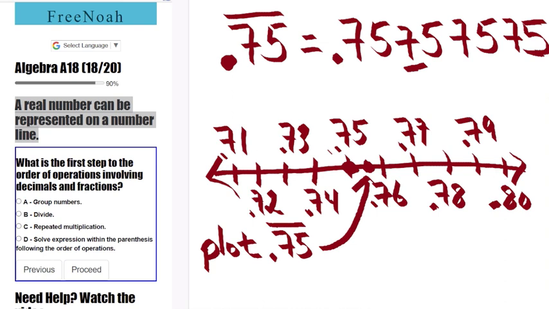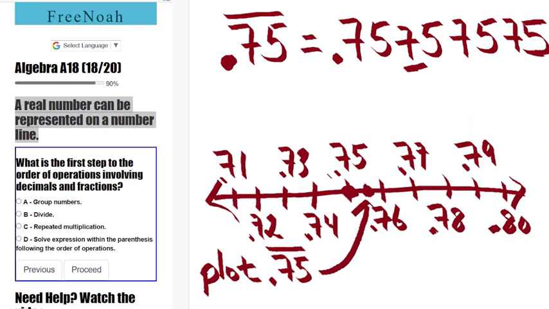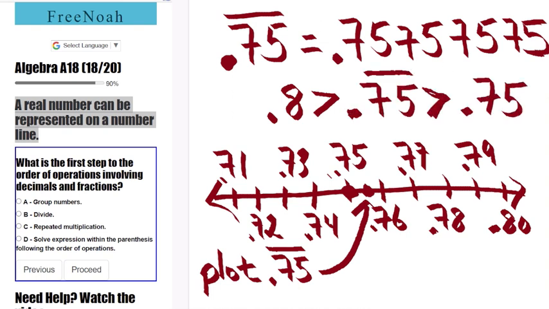Moving on, let's just clarify here by stating 0.8 is greater than 0.75 as a repeated decimal, and 0.75 as a repeated decimal is greater than 0.75 hundredths.